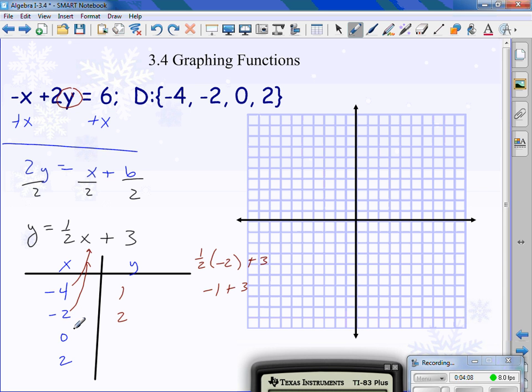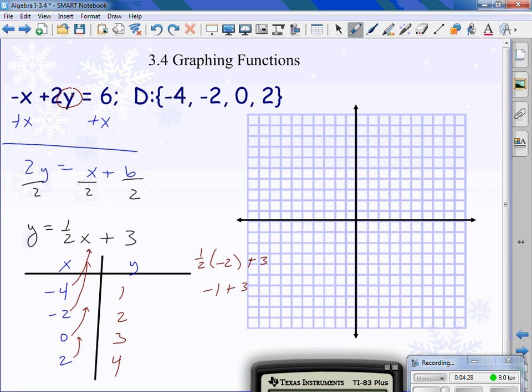Now I'm going to substitute in 0. What's half of 0? 0. 0 plus 3 is 3. And now I substitute in 2. What's half of 2? 1. And what's 1 plus 3?